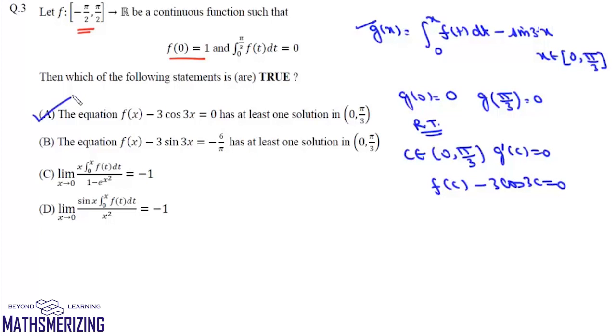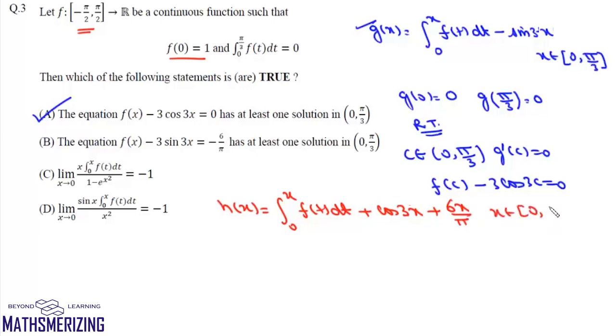Now for this option B, again we'll assume a function, and let this function be h(x), which is the integral from 0 to x of f(t) dt plus cos 3t plus 6x upon π in the interval 0 to π/3.